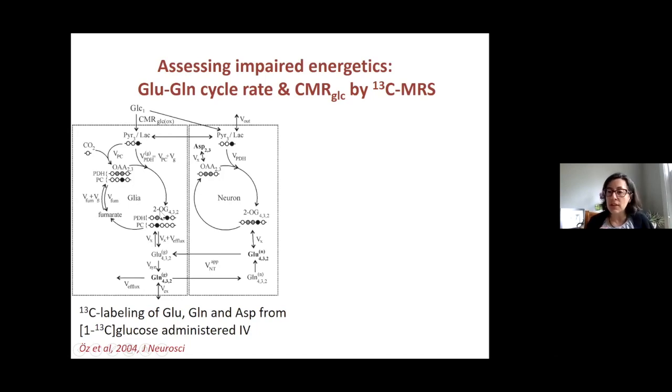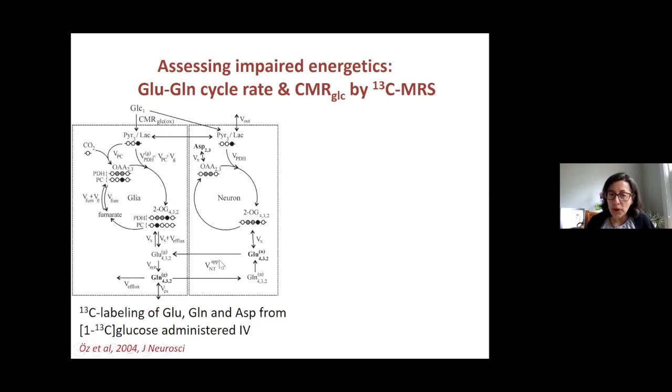TCA cycle intermediates are too low in concentration to be detectable by MRS, but once the label reaches glutamate down here and then gets exchanged with glutamine, those are the metabolites that you can detect. So, metabolites that are in exchange with the TCA cycle. And aspartate is another one. So those three are detectable. And again, through metabolic modeling, one can measure cerebral metabolic rate of glucose and also glutamate-glutamine cycling rate.